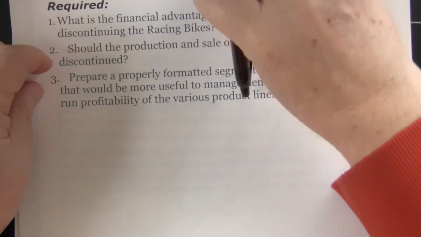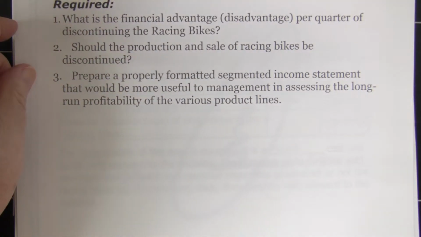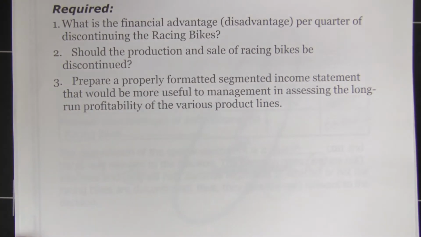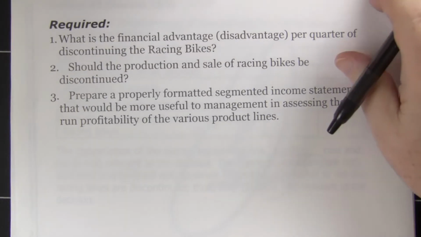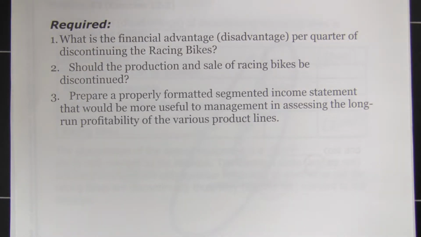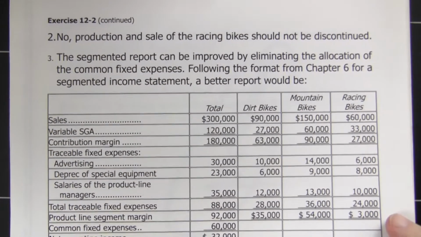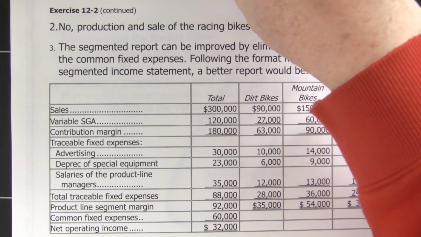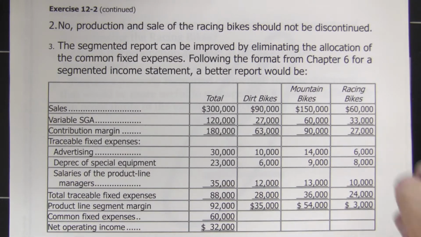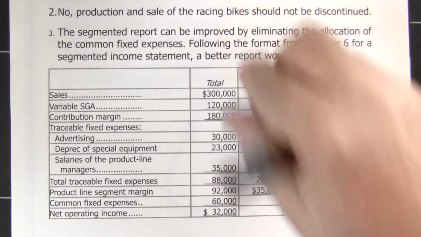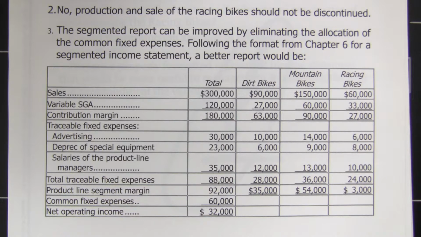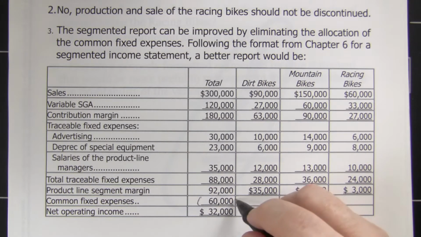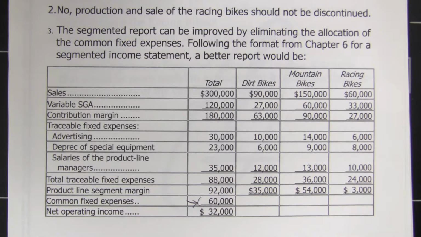And then the last thing it asks us to do is to prepare a better formatted statement that would be more useful to management with regard to this particular decision. So I've taken the same statement, everything's exactly the same, but what I did is I got rid of the allocated costs and put them all here as common fixed cost.